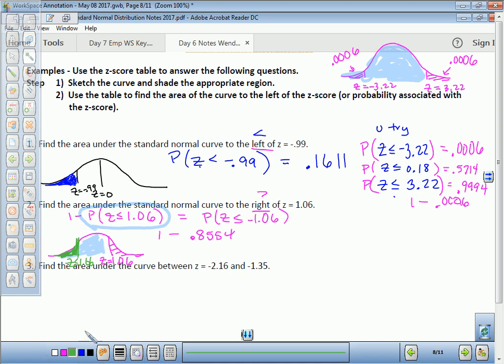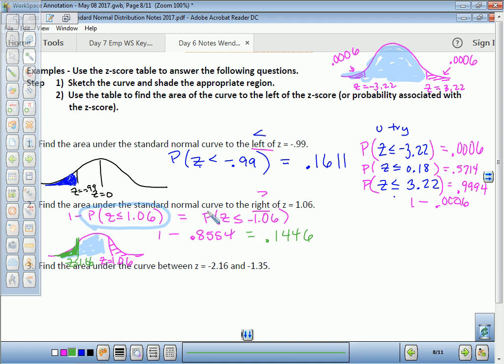But let's notice that this is actually equivalent to the negative 1.06. Because of the symmetry of the curve, this area is equivalent to that area. So there's 2 different ways you can do it. Now the second way is quicker. And you guys usually like quicker, easier.